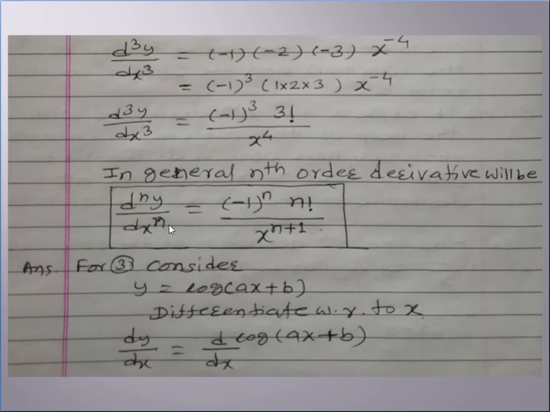Therefore, in general, the nth order derivative will be d^n y upon dx raised to n is equal to minus 1 raised to n into n factorial upon x raised to n plus 1. That is, this is the nth order derivative of the function y is equal to 1 upon x.